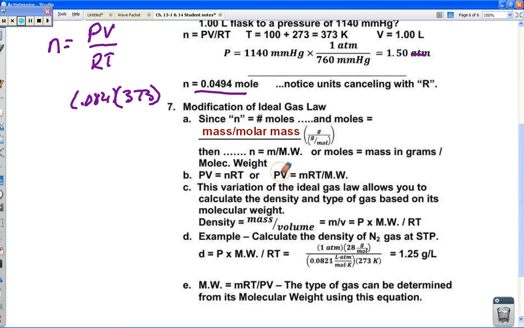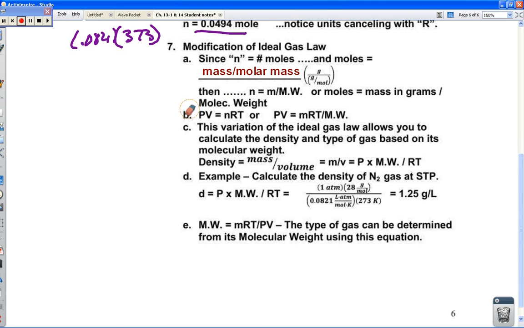So this N can become M over the molar mass, and this allows us to calculate the density of a gas based on STP. This is extra, a bit beyond the standards. I may throw an extra credit question on the test with this kind of stuff. The density of the gas is mass per volume, so this allows us to calculate mass per volume of a gas.